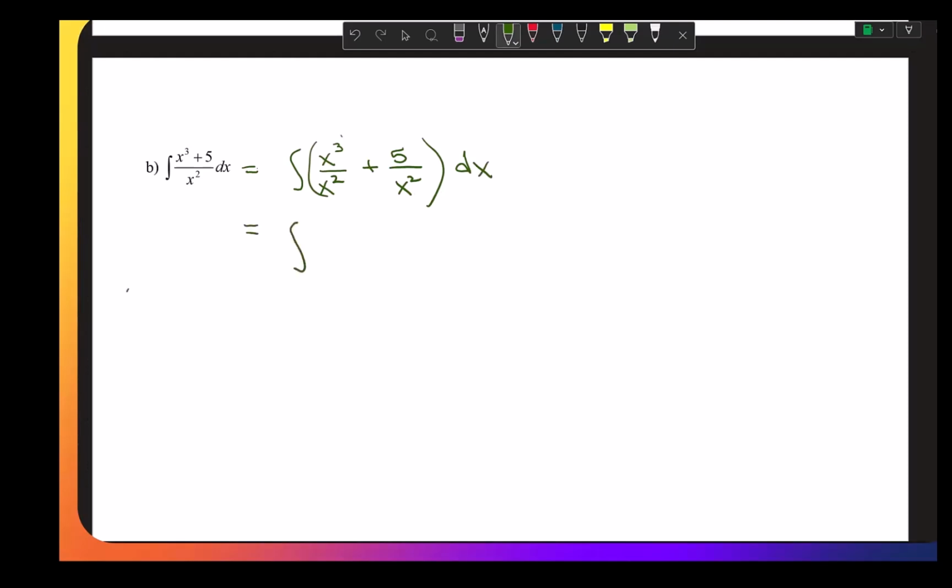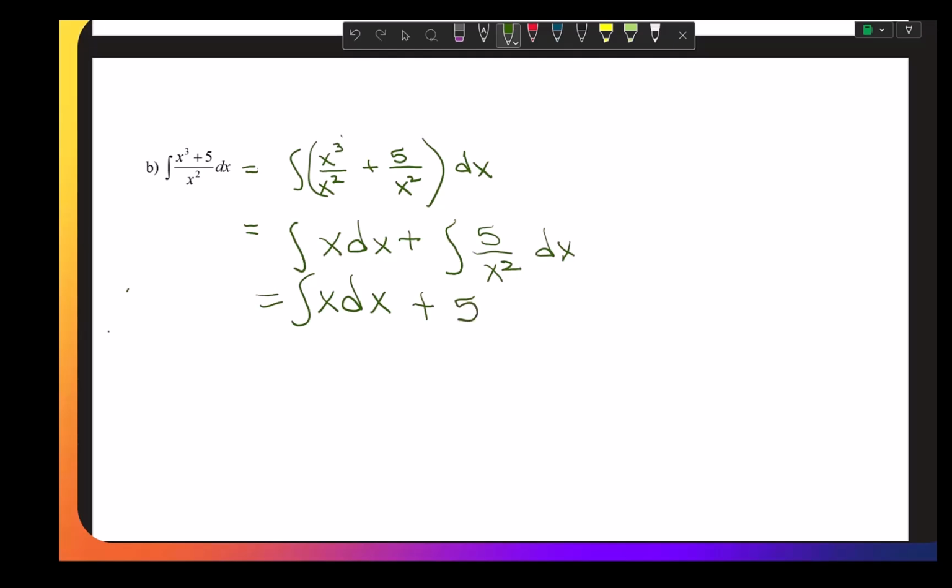X cubed over x squared is just x dx, plus the integral of 5 over x squared dx. Well, this is an easy one, so we're done. When I get to the point where I don't need any help, I can figure out my integral, then I don't have to do substitution or anything.